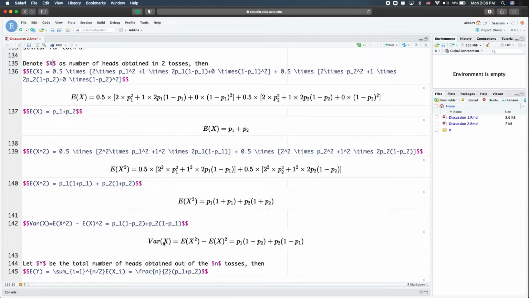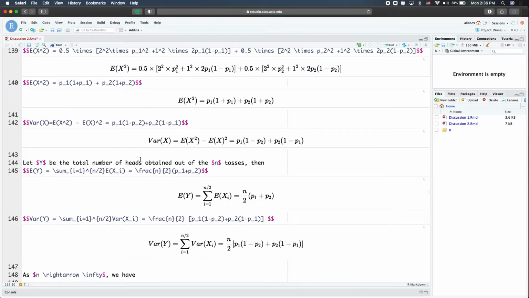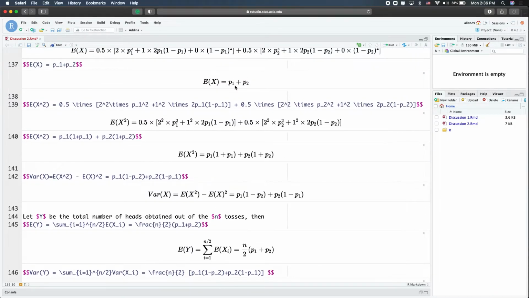Once we have the expectation and the variance, we can talk about n over 2 times, which we denote as Y. So Y is the total number of heads obtained out of n tosses. The expectation of Y is the sum over n over 2 occurrences, so n over 2 multiplied by P1 plus P2.